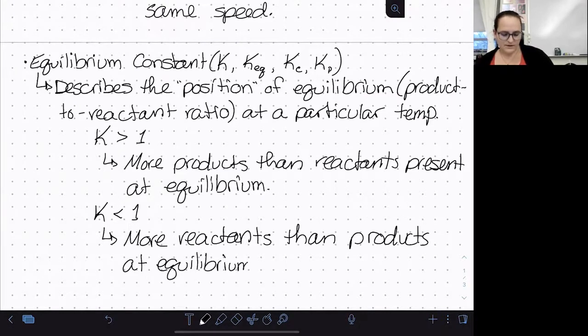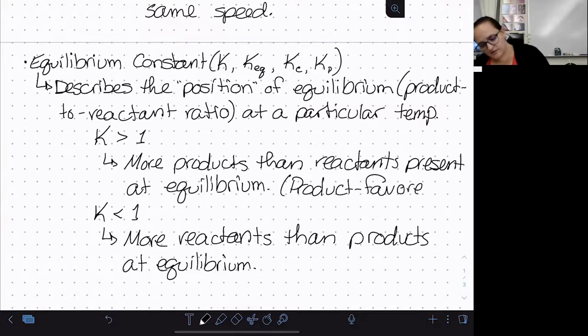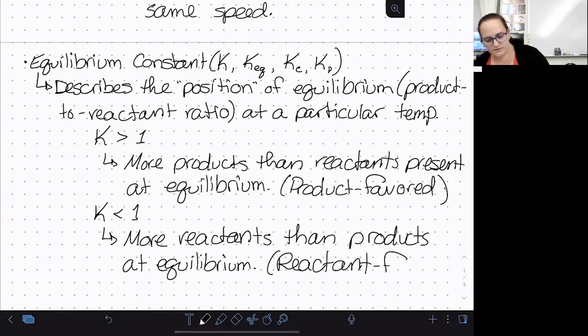So K is essentially telling us which way our ratio skews, which way our reaction prefers to go. Does our reaction generally form more products or does it generally form more reactants? We refer to these as being product favored for K greater than 1 and reactant favored for K less than 1.